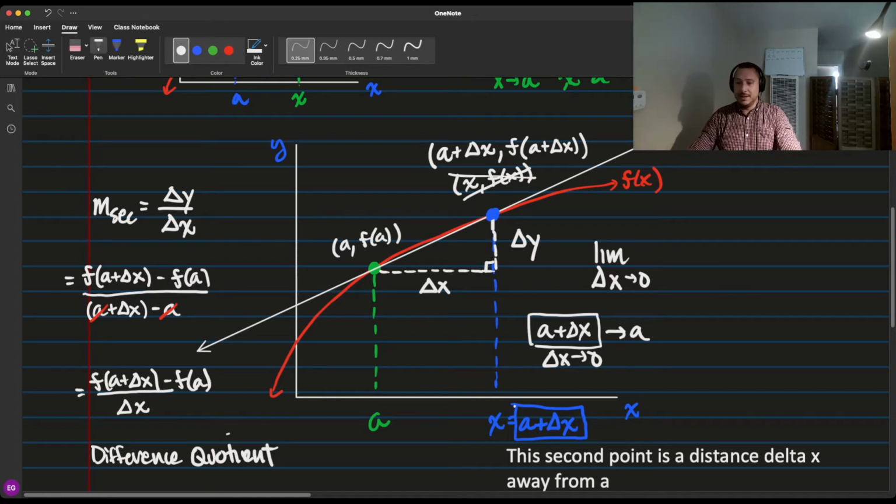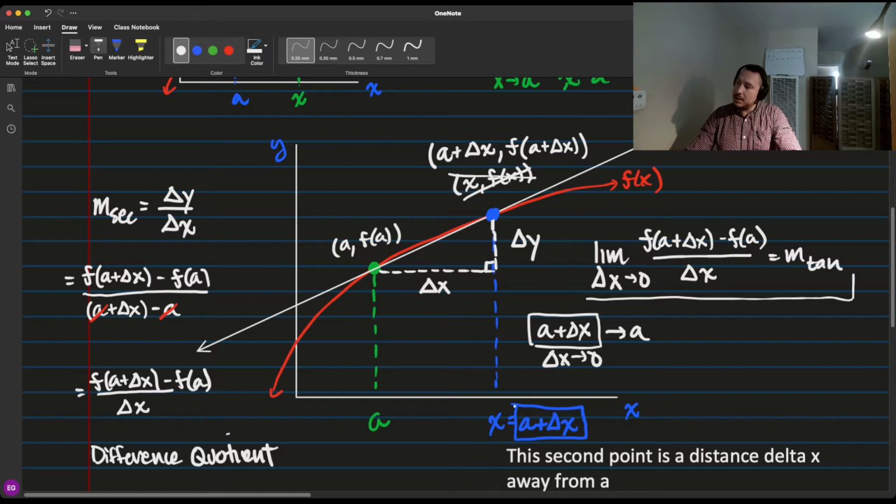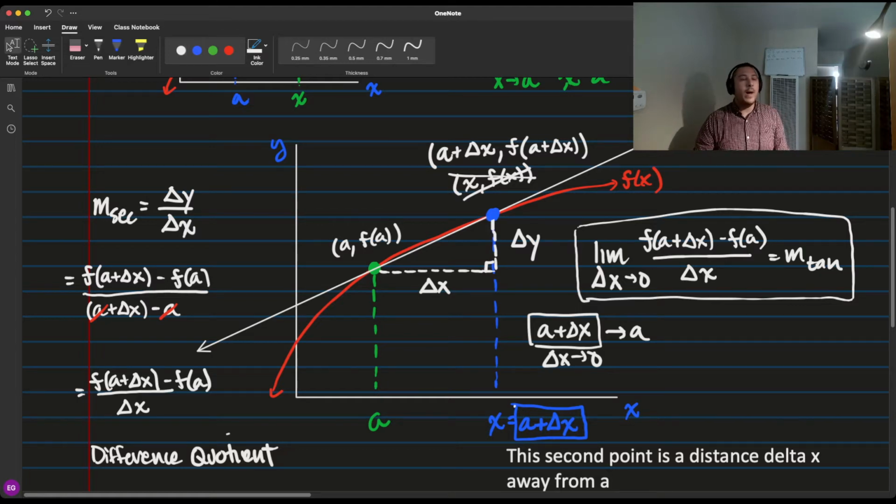And that's why if you take the limit of this difference quotient, you get the slope of the tangent line at a. Just like how if we took the limit of the difference quotient above, you got the slope of the tangent line. Why does this work? We're taking the limit and we're turning our 2 points into 1 point. Boom.